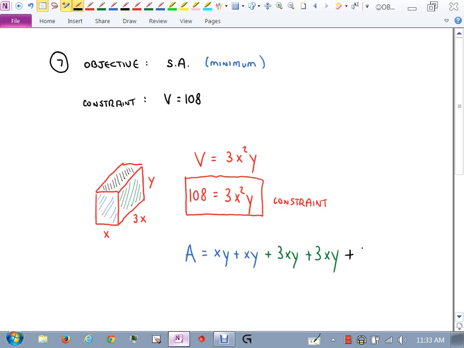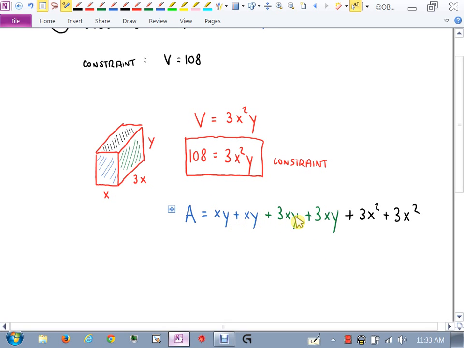X times 3x is 3x squared, but you're already doubling it, aren't you? Okay. I'm doing this to just show you, we have two of these, we have two of these, we have two of these, right? Top, bottom, well, I should say front, back, left side, right side, top and bottom, yes?